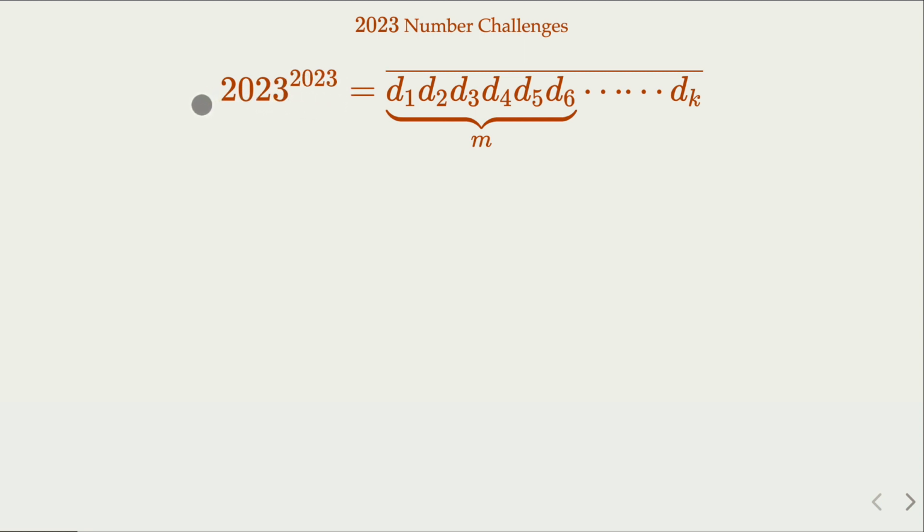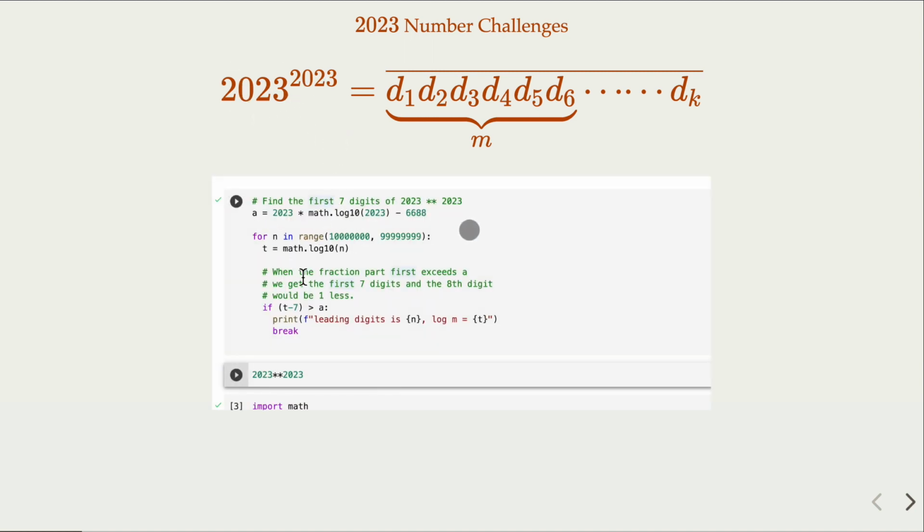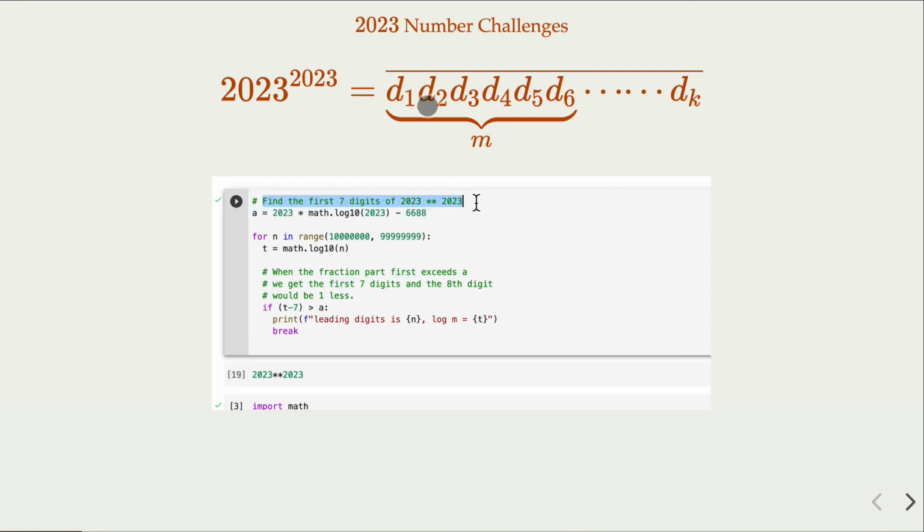If you take the log, you have the target. As this number gets bigger than the 6th, the logarithm, the leading digits would be bigger than the target value. Here is the Python code, and we try to find the first 7 digits.